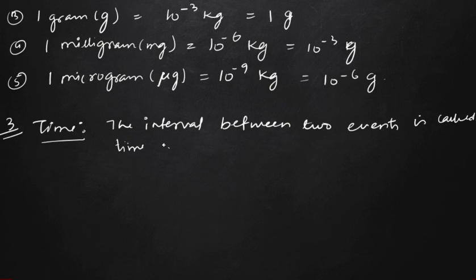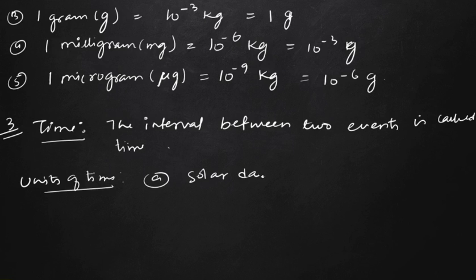And the units of time, generally, the first one is our solar day. So what is a solar day? The time taken by the earth to complete one rotation about its own axis is known as one solar day. So write the definition from the book.